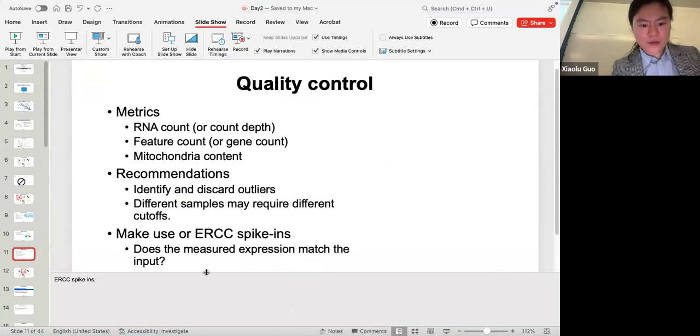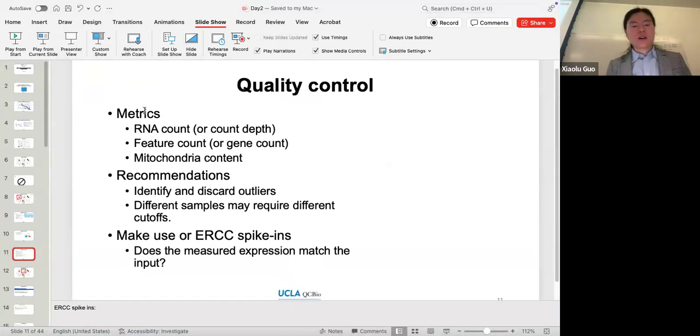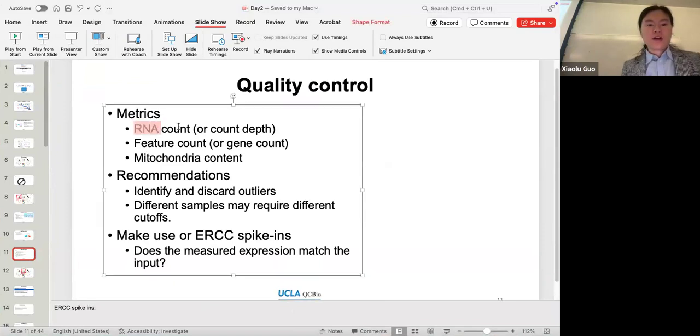To summarize, the three metrics we use for quality control are the mRNA count or UMI count, the feature count or gene count, and the mitochondrial content percentage.